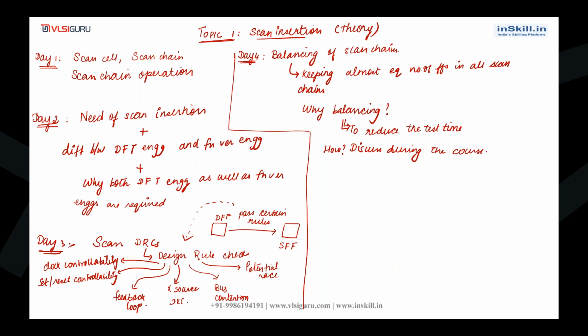And then, if you want to achieve balancing, we need to go for certain techniques like edge mixing and domain mixing. So balancing of scan chains means keeping almost equal number of flops in all the scan chains, and we go for balancing to reduce the test time. How we are able to achieve that, we will discuss during the course.